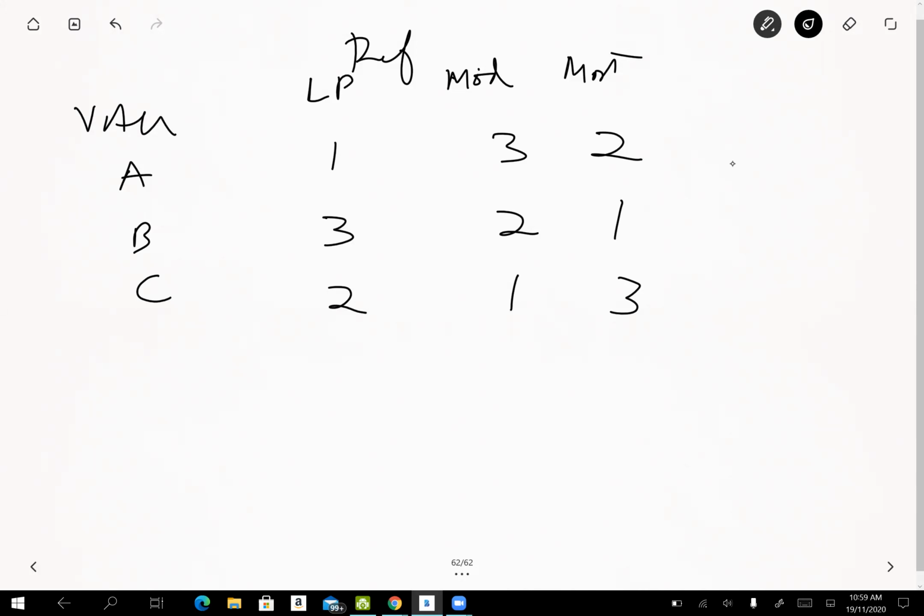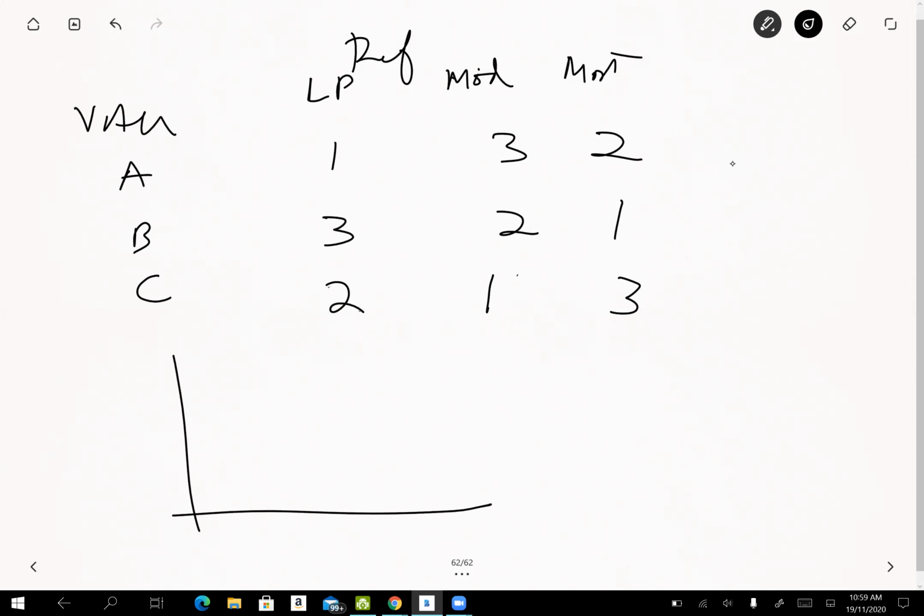I think maybe for that guy C, we do this: least preferred is 2, moderately preferred 1. So you draw the graph and see whether there is anybody with a double peak preference.